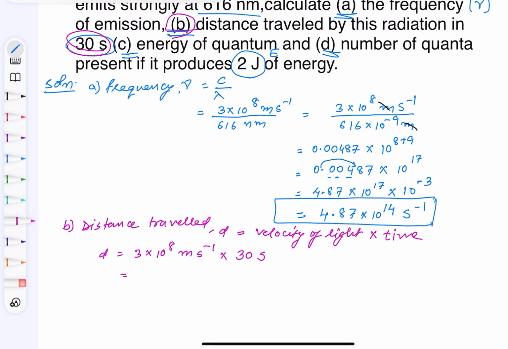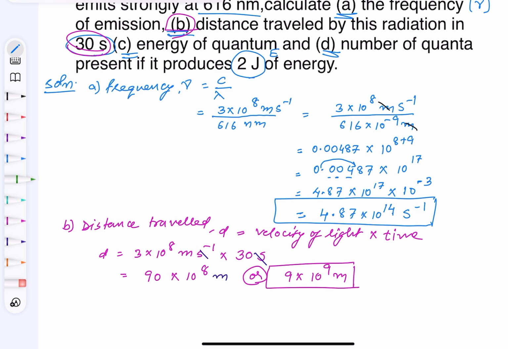So 30 into 3 will give you 90 into 10 to the power of 8. Here second and second will be getting cancelled off, so the unit you will be left over with will be meters. Or you can write this as 9 into 10 to the power of 9 meters. So that is your second part done with the distance traveled.